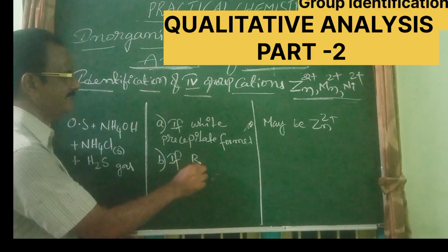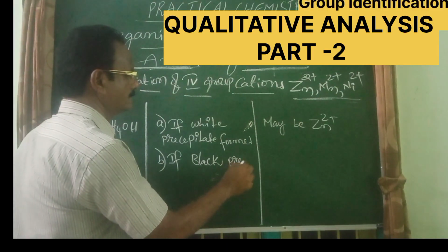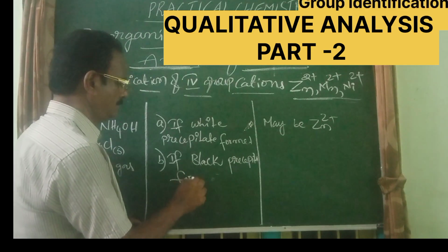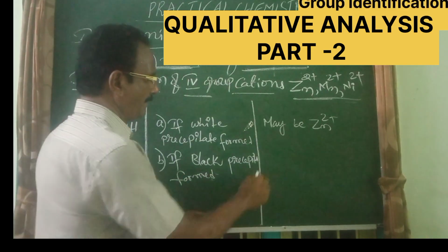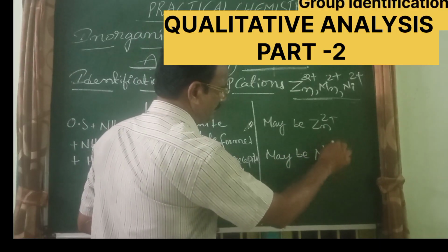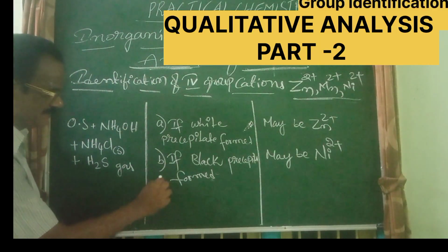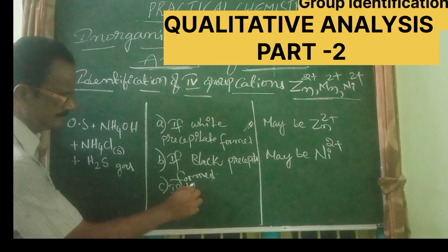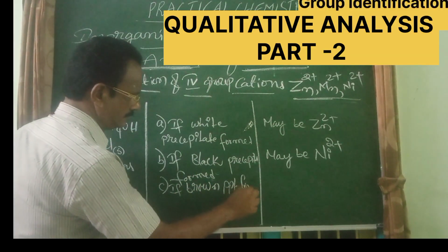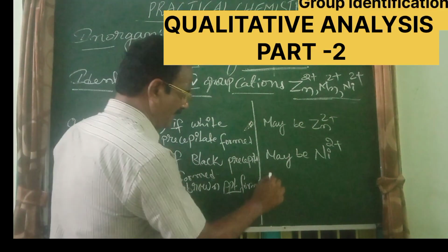If black precipitate formed, maybe Ni2+. If brown precipitate formed, maybe Mn2+.